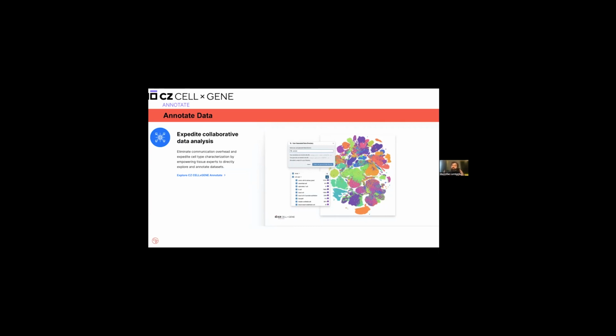If you're in the process of analyzing your new single cell data set or re-analyzing someone else's data set, and you start to see markers that subdivide cell types that weren't previously annotated, you can create custom annotations. You can also share those annotations with your collaborators. So if you're working in a group, either with another tissue expert or with a computational partner, you can share these analyses back and forth. Really, this helps speed up the workflow of annotating single cell data sets.